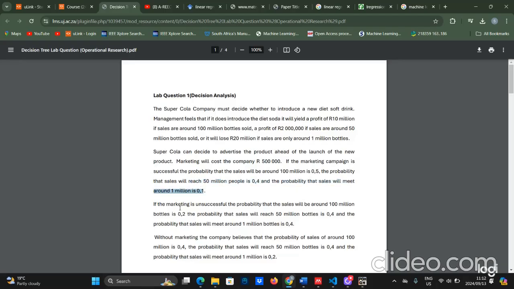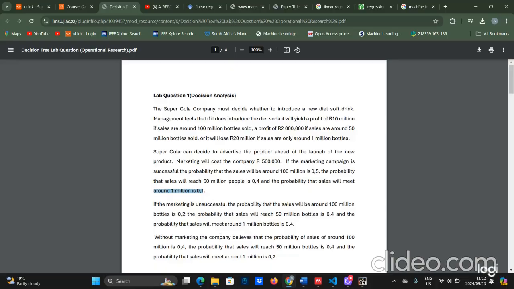If marketing is unsuccessful, the probability that the sales will be 100 million is 0.2, the probability that the sales will reach 50 million is 0.4, and the probability that the sales will be around 1 million is 0.4.